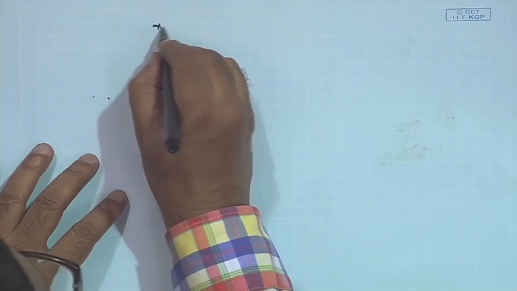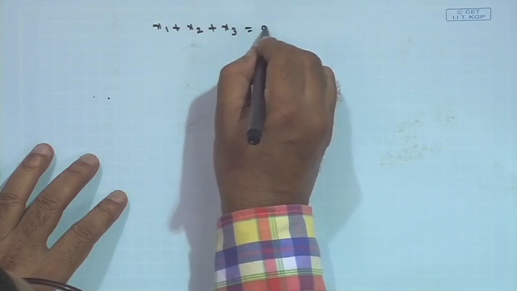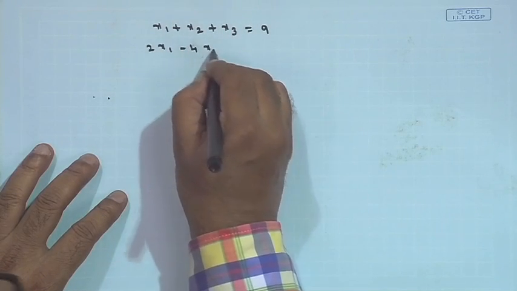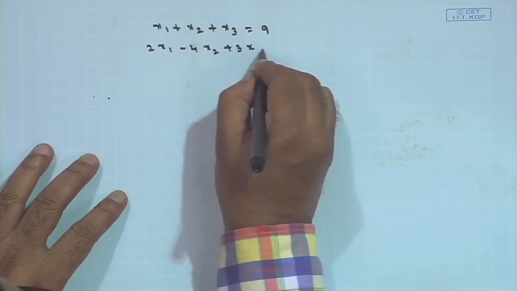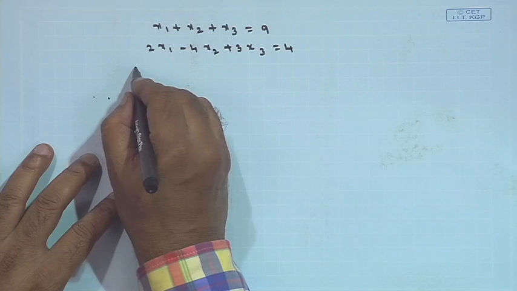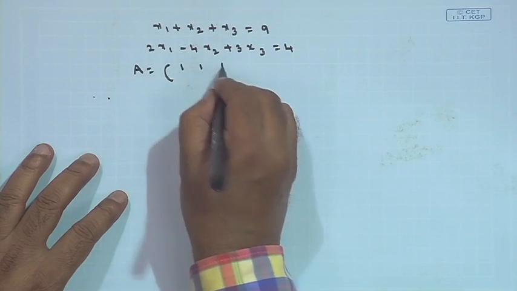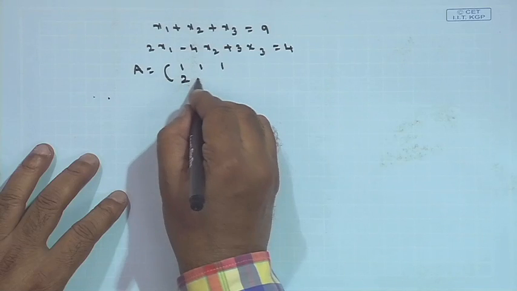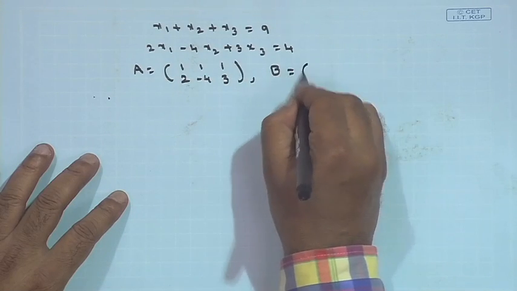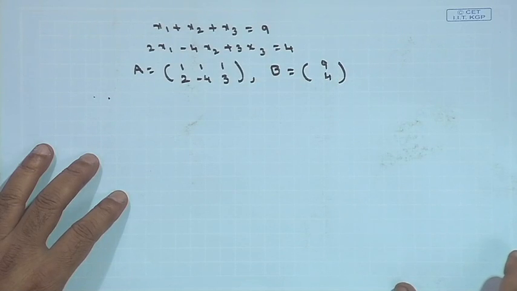Let us take the equations x1 plus x2 plus x3 equals 9, and 2x1 minus 4x2 plus 3x3 equals 4. In matrix notation, A will be 1 1 1, 2 minus 4 and 3, and B is 9 and 4.